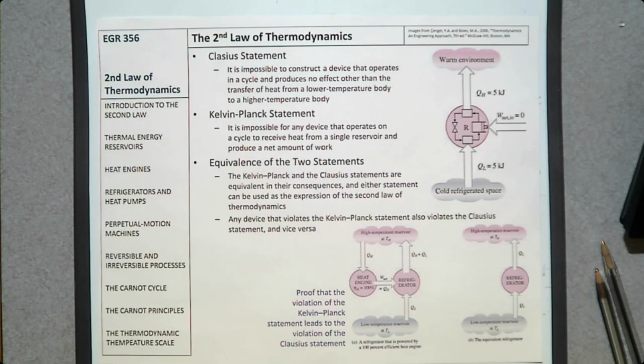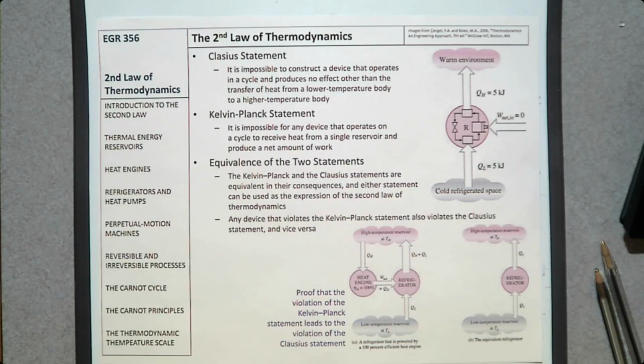The problem is, if you convert every bit of thermal energy in this coffee to mechanical work, that means there is no thermal energy left over in the coffee. That means the coffee is at 0 Kelvin, minus 273 degrees Celsius, which is impossible because the Earth is maintained at a constant temperature.